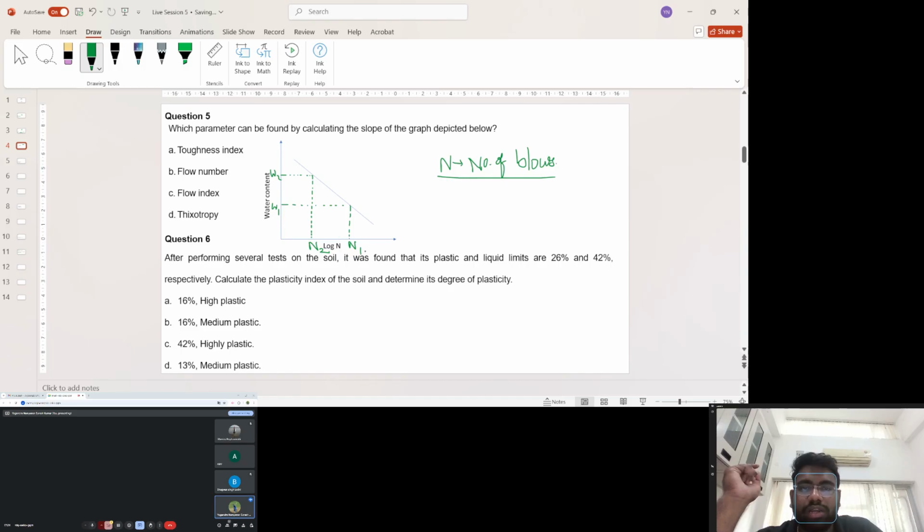That is N2 and N1, obviously log. So now the slope is W2 minus W1 divided by log N2 minus log N1.